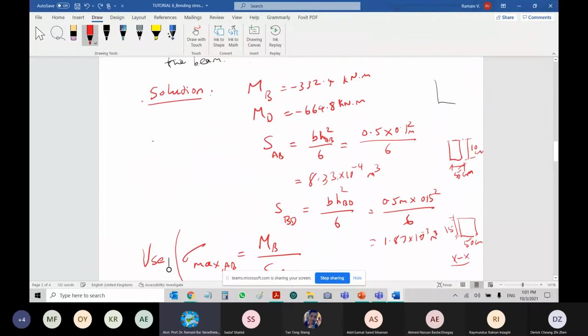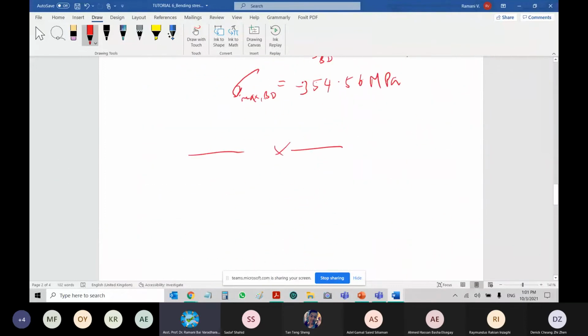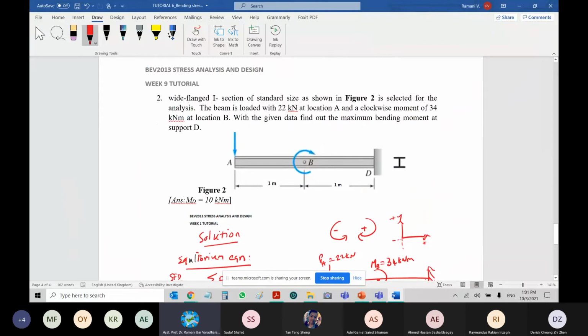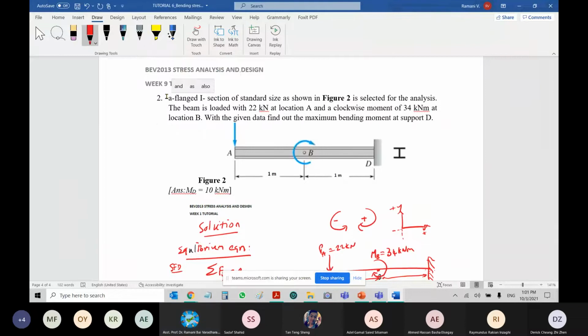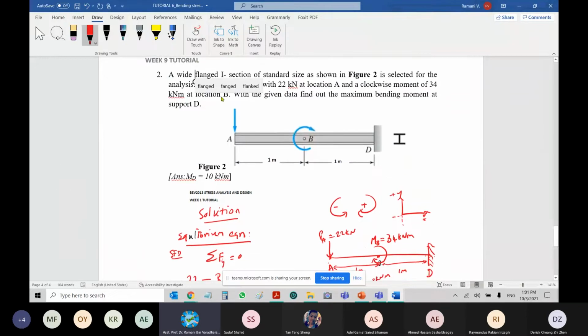But what if it is asking for some other parameters to be found in a question? Let's move on. The similar question was solved here in the second. You are given a wide flange, an I section of standard size.